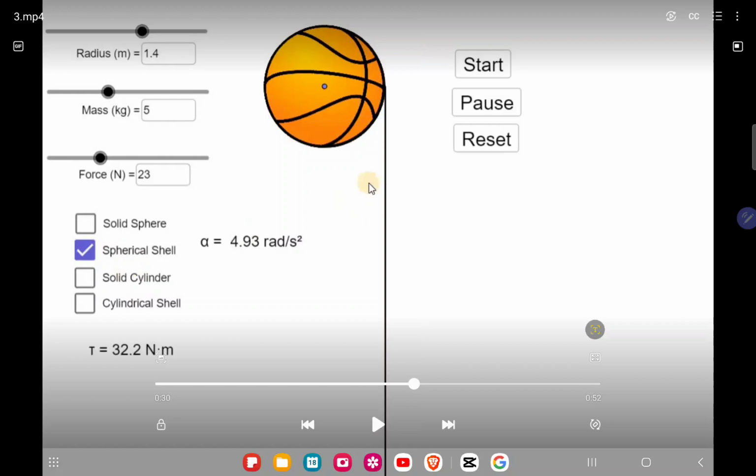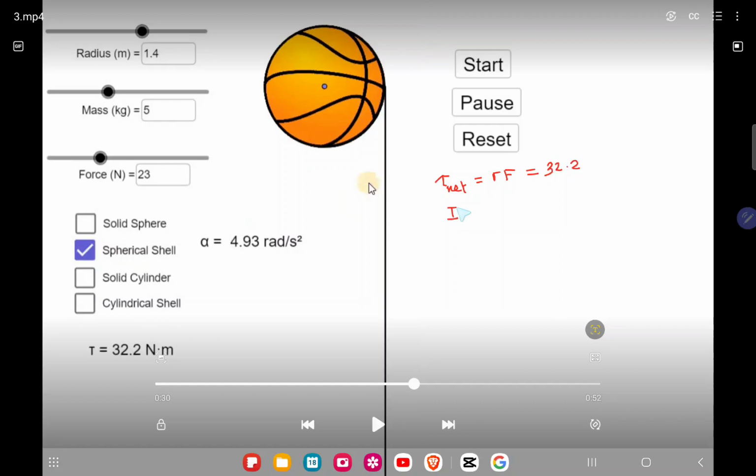If we follow the same procedure as before, the net torque is equal to RF, and it's the same, by the way, because F and R are not changing, equal to 32.2.